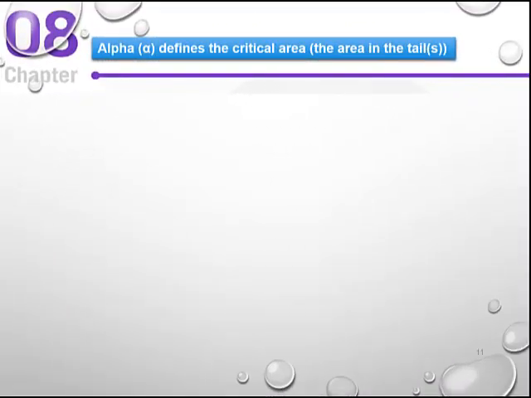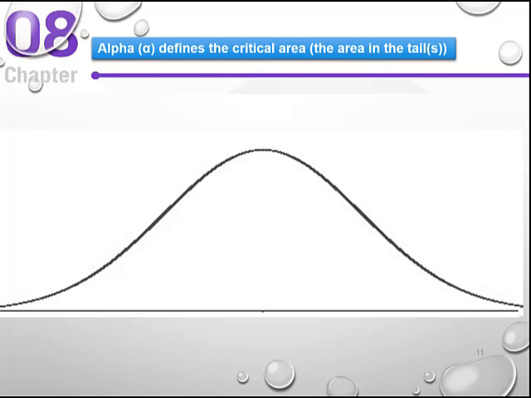Again, let me show you the logic for the next alpha level. Remember again, alpha defines the critical area, the area in the tail or tails if we are talking about both tails. Because later there will be a distinction, but right now we have two tails. We want to find the boundaries for both tails. So normal distribution, let's say now we're setting our alpha to 0.01.